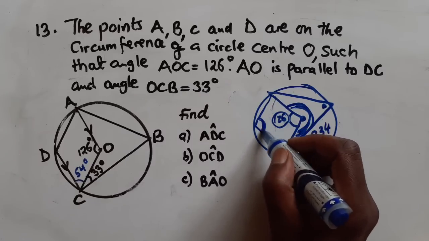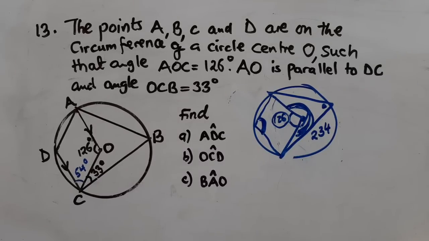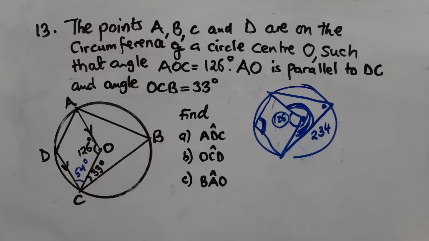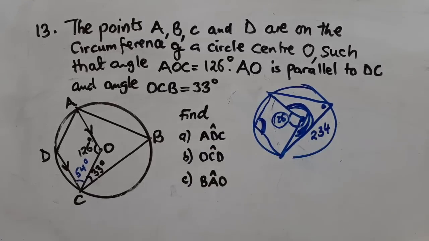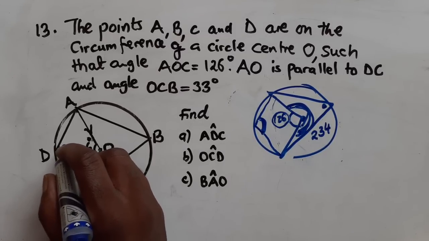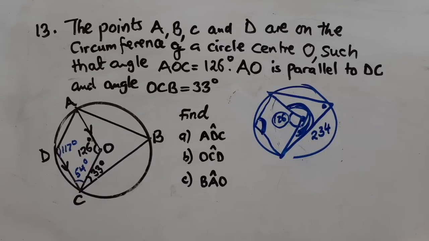So we need to divide 234 by 2 to get the angle on the circumference. This angle here is going to give us 117 degrees. Is that clear?